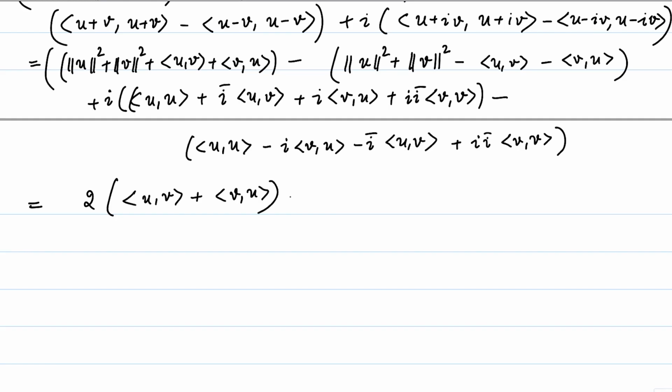The second term will be plus I times the length of u square plus I bar times, so I bar is just going to be minus I, you should check that, minus of I times u comma v plus I times v comma u plus I bar is absolute value of I square, or you can check directly that it is minus of I square, which is 1. So this is just going to be plus length of v square.